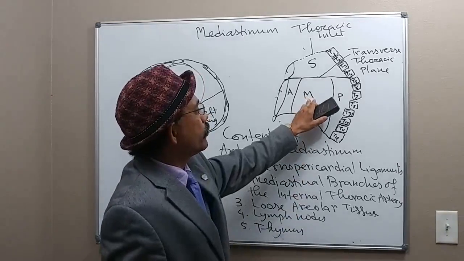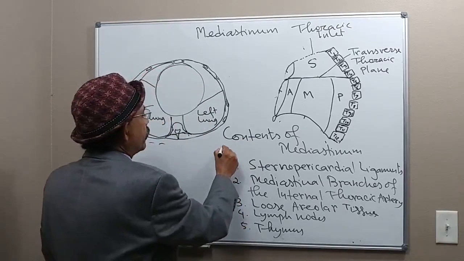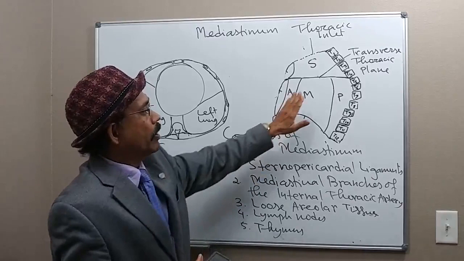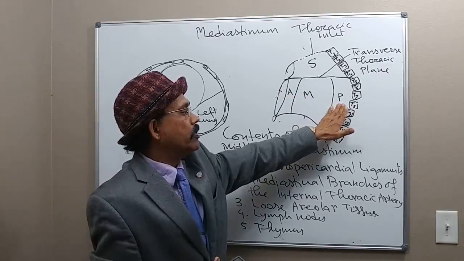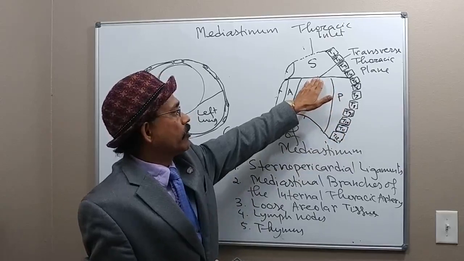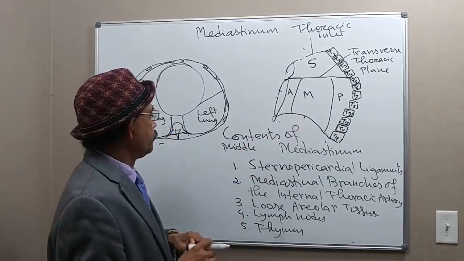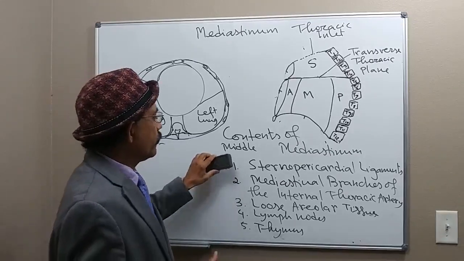We'll go to the contents of the middle mediastinum. Again, go to the boundary of the middle mediastinum: bounded anteriorly by the anterior mediastinum, posteriorly by the posterior mediastinum, above by the transverse thoracic plane, below by the diaphragm. So what are the contents?